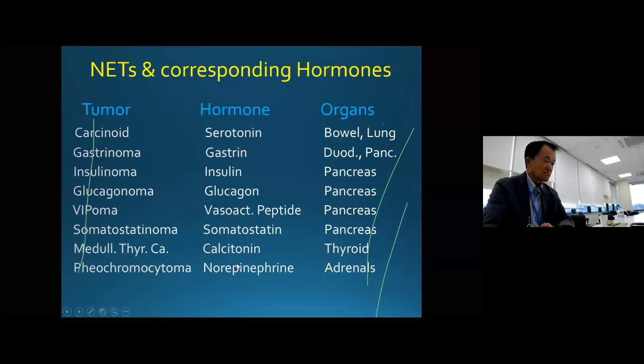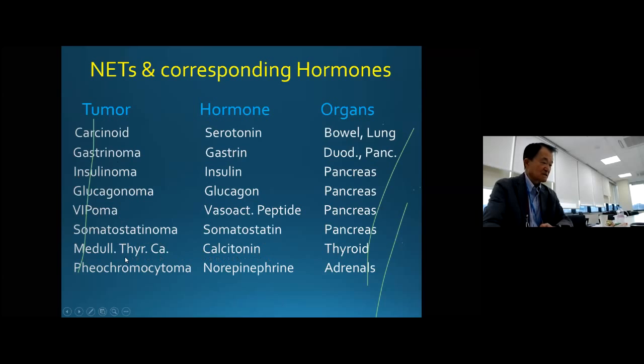Depending on what they produce, mainly hormones in certain organs, they name this kind of tumor. In the duodenum, gastrin produces gastrinoma. In the pancreas, insulin, glucagon, and vasoactive intestinal peptide, so that's called insulinoma, glucagonoma, VIPoma. In the pancreas, somatostatin produces somatostatinoma.